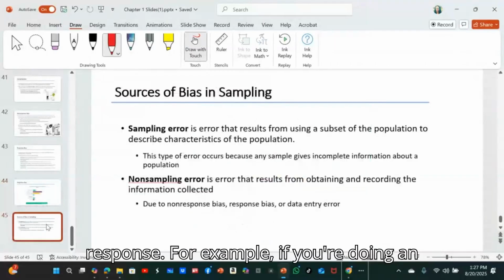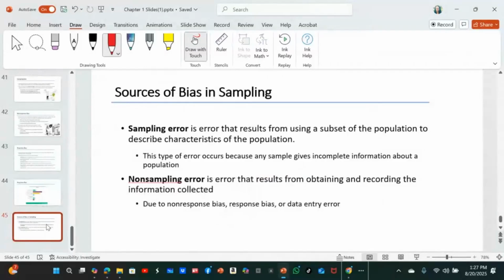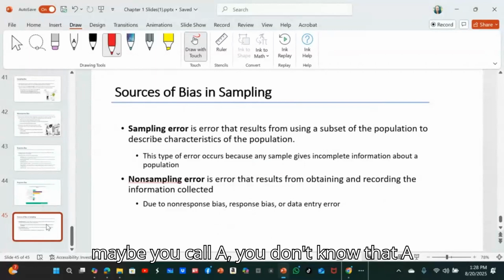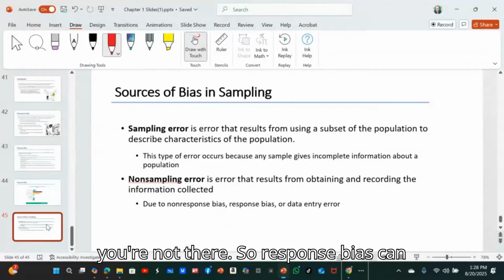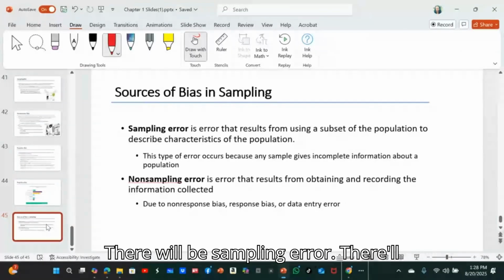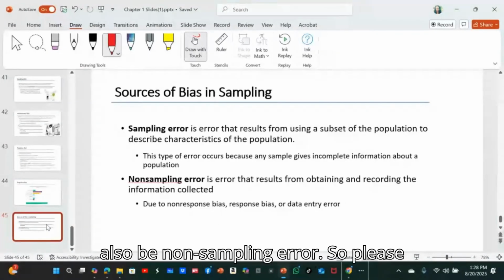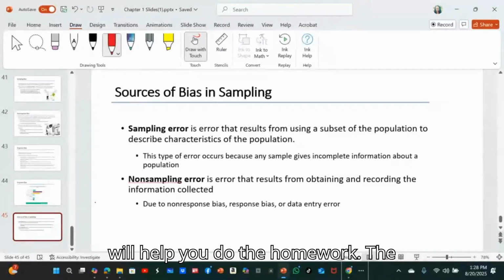For example, if you're doing an interview and you call people at home, maybe you call A, you don't know that B is answering, so the same A answers and then B also answers. You never know, and you're not there, so response bias can happen. There will be sampling error, and there will also be non-sampling error. So please read the notes, it will help you do the homework.